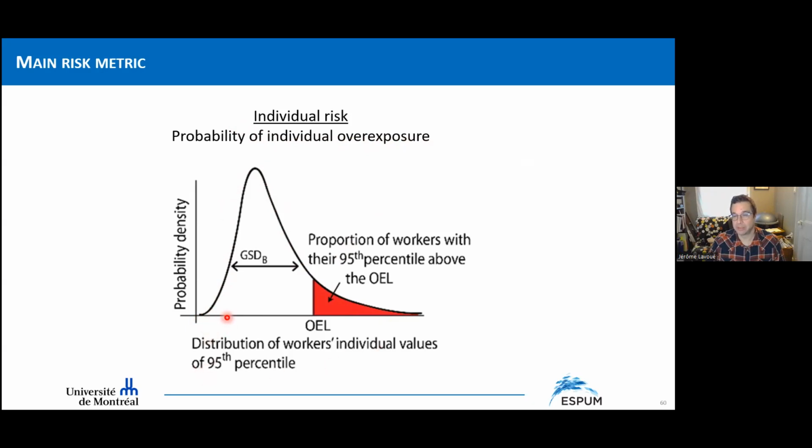So each value is a 95th percentile. And you can calculate how many of these are above the OEL. And so this would tell us how many workers, so to speak, might be overexposed. And of course, we want that to be limited. So this is the first recommendation that tackles this issue.